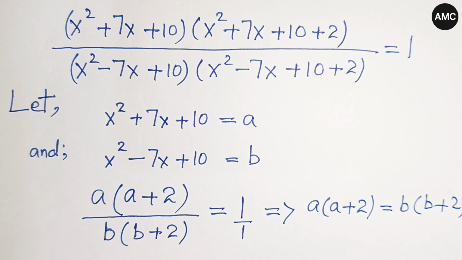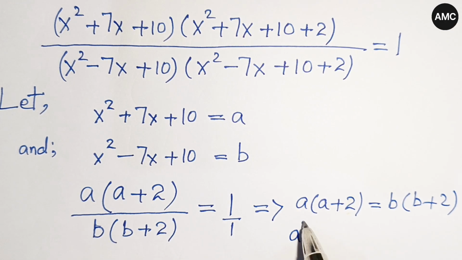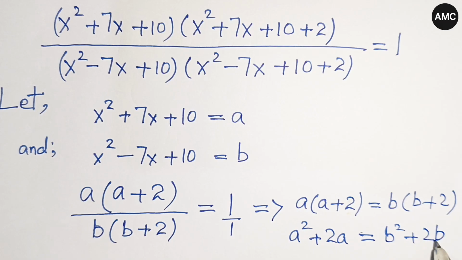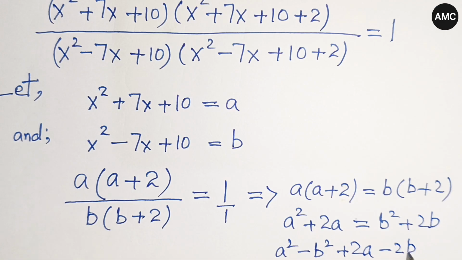Now a times a is a squared plus 2a, equal to b squared plus 2b. So here, shifting, we get a squared minus b squared, plus 2a minus 2b is equal to 0.